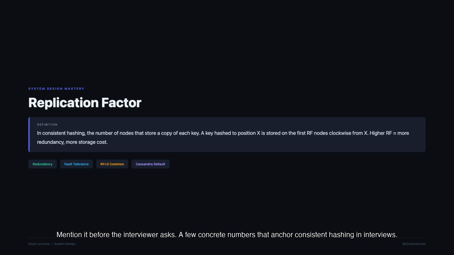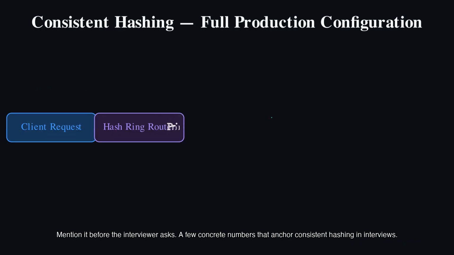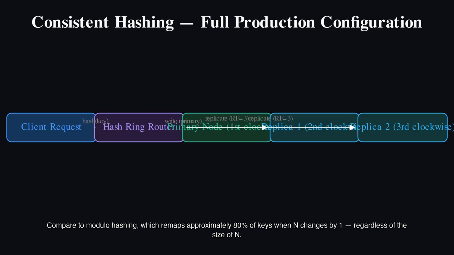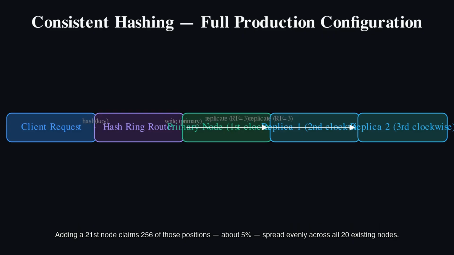A few concrete numbers that anchor consistent hashing in interviews. With n nodes and k keys, a node addition or removal remaps exactly k/n keys under consistent hashing. Compare to modulo hashing, which remaps approximately 80% of keys when n changes by 1, regardless of the size of n. Cassandra uses 256 virtual nodes per physical node by default. A 20-node cluster has 5,120 virtual node positions on the ring.